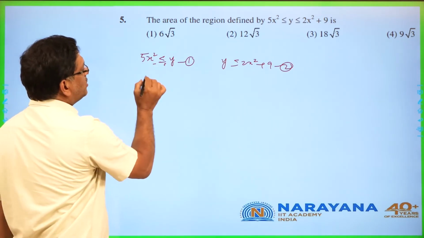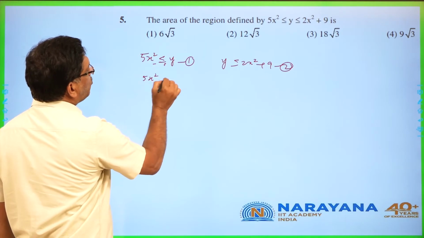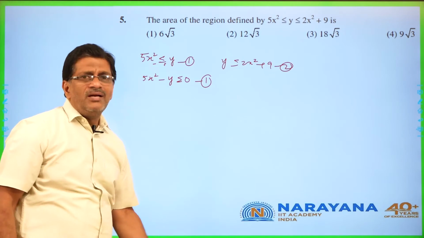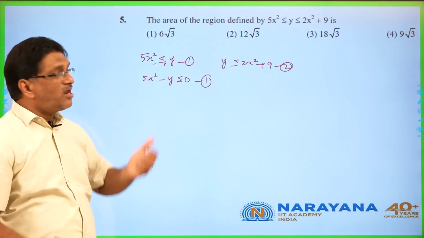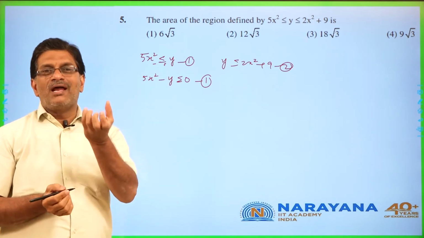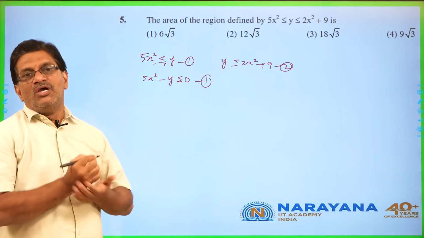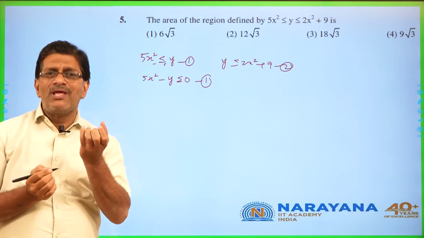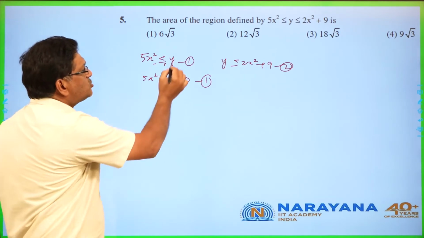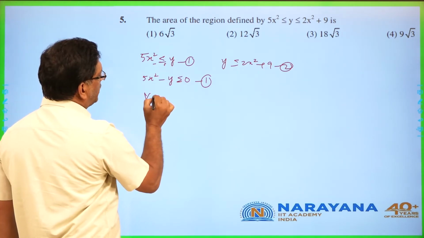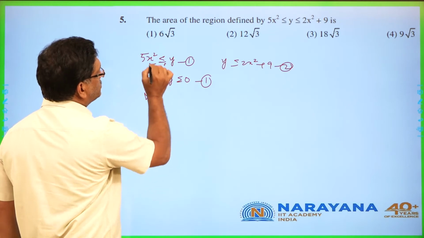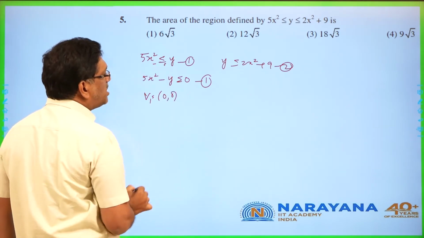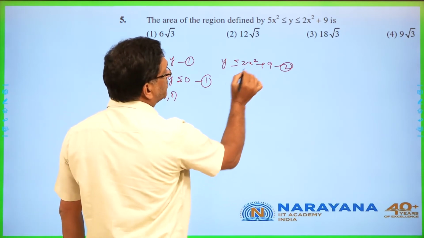Let us bring this to this side: 5x square minus y less than or equal to 0. Remember, less than or equal to 0 means the inner part of the parabola. You know that every x square equals 4ay is an upward opening parabola. So easily we can write the vertex of this parabola is (0, 0).